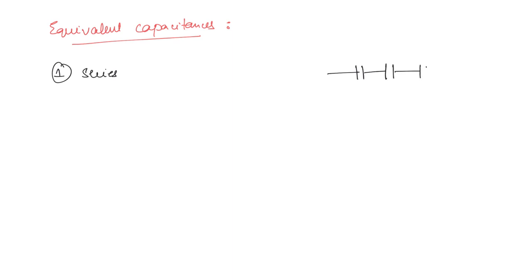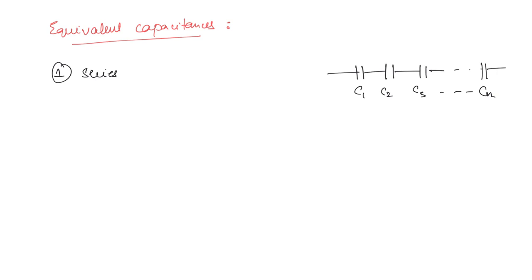Finally, the equivalent capacitances. Capacitors can be placed either in series or in parallel. This is a series connection. The potential across them can be added together, with C1, C2, C3 and so on till Cn.